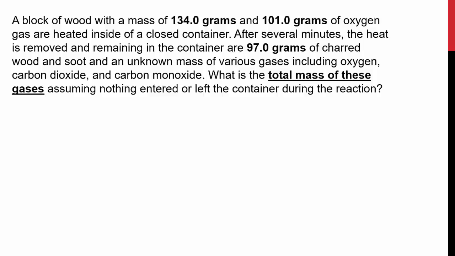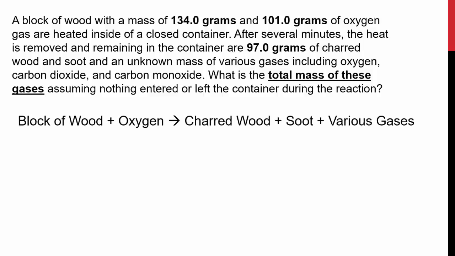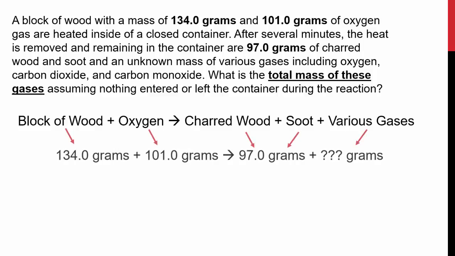Remember, mass cannot be created or destroyed. So first, start with the reaction that was given to us: block of wood plus oxygen yields charred wood plus soot plus various gases. We know the block of wood is 134 grams. The oxygen was 101 grams. We know the charred wood and soot together came out to be 97 grams, but we don't know what the various gases were.